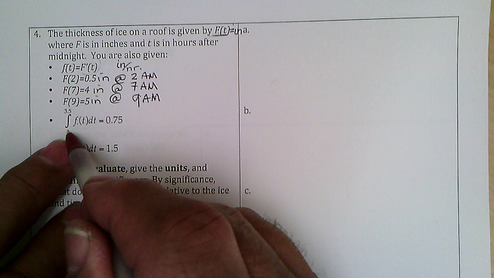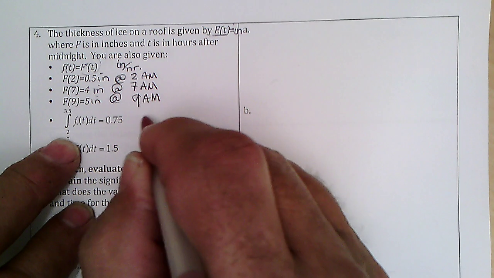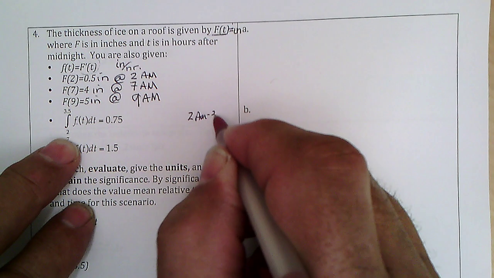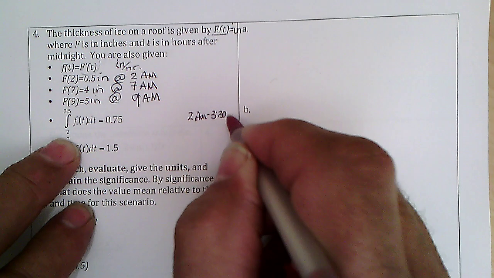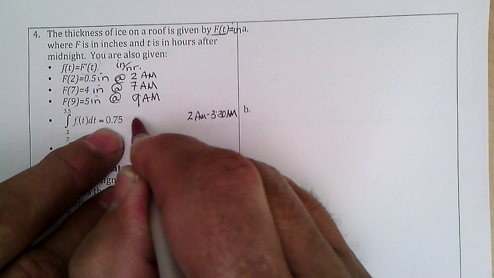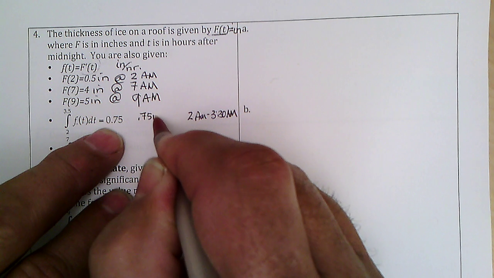So from 2 hours after midnight to 3.5 hours, so that's from 2 a.m. to 3:30 a.m., the ice increased by 0.75 inches.